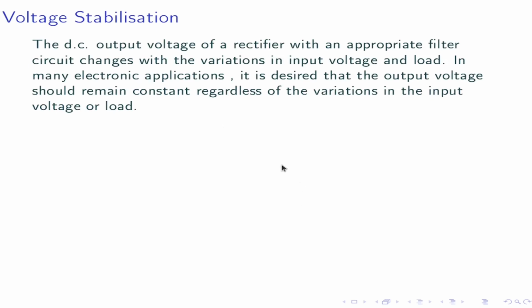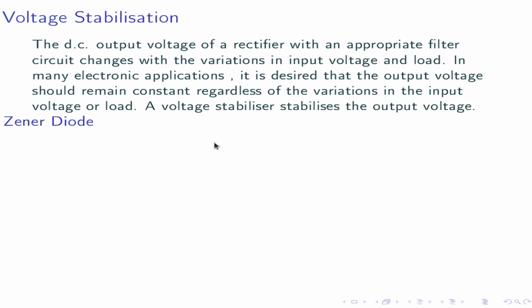Now, voltage stabilization. I told you earlier that the output of the filter circuit depends on the changes in the input signal. But in many electronic applications, we require a stable output. So a voltage stabilizer stabilizes the output voltage.